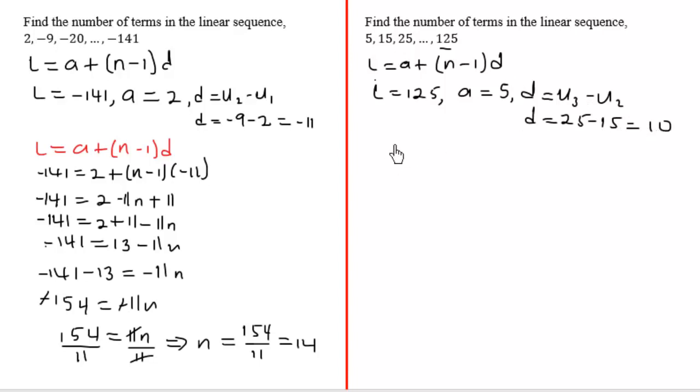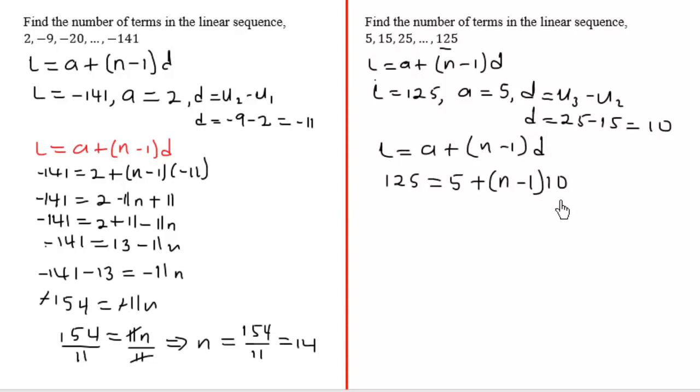Good. So using the same relation, the last term is equal to the first term plus in brackets the number of terms minus 1 multiplied by the common difference. So L, the last term, is 125, which is equal to the first term A, which is 5, plus in brackets n minus 1 times D, the common difference, which is 10.